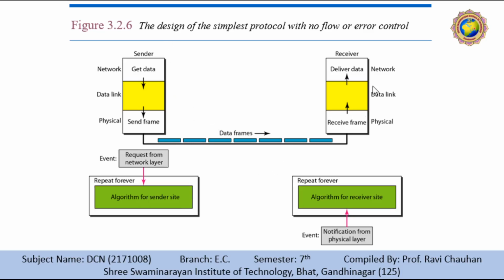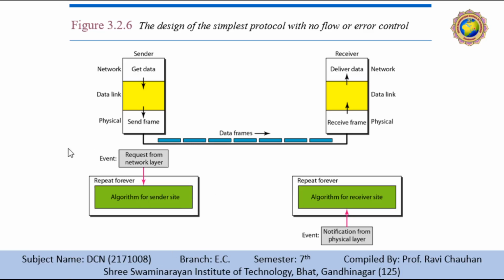In this type, we assume that the receiver can immediately handle any frame it receives with a processing time that is small enough to be negligible. The data link layer in the receiver immediately removes the header from the frame and hands the data packet to the network layer, which can also accept the packet immediately. In other words, the receiver can never be overwhelmed with incoming frames.